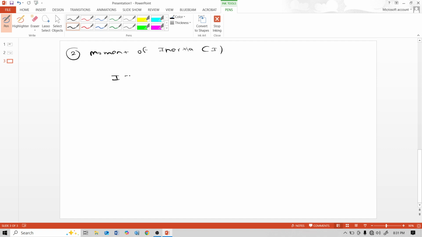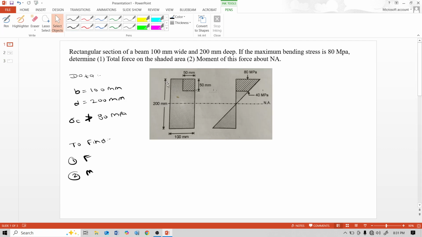So moment of inertia I is equal to, about this square's neutral axis, that is here, and our original neutral axis is this.